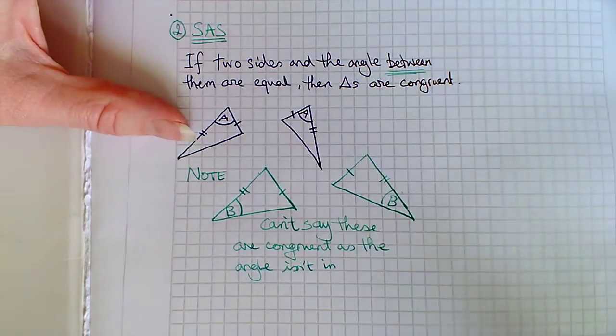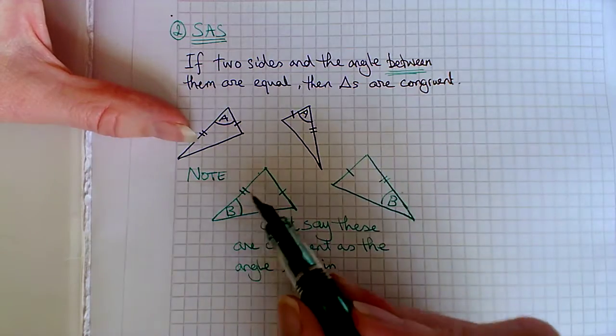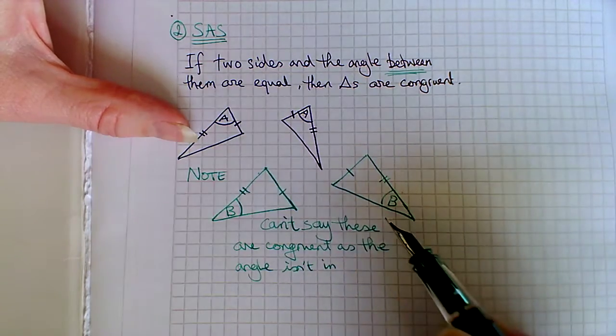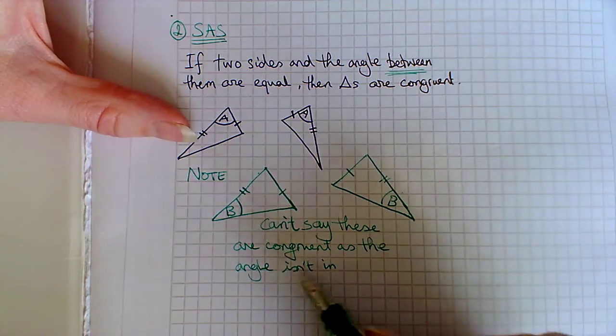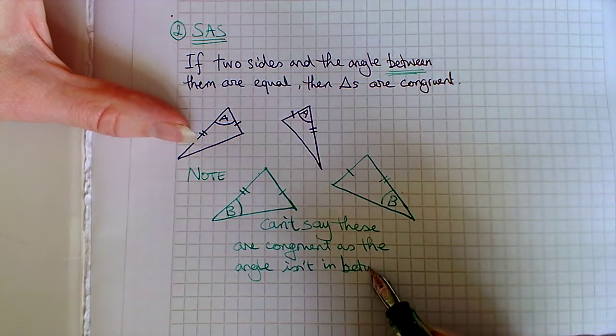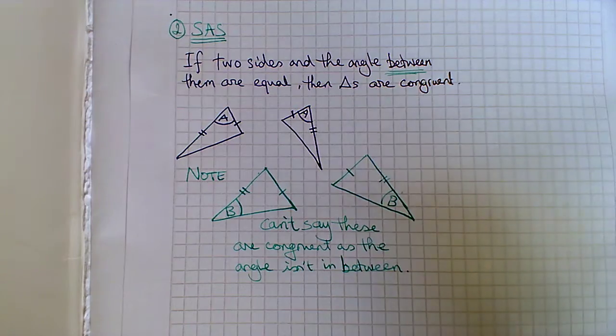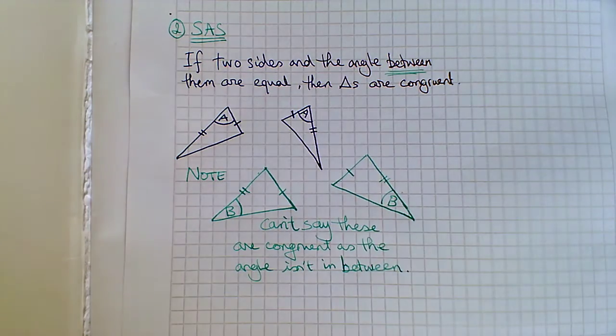So these guys here, I have 2 sides the same and I have an angle the same, but because it's not between the 2 sides, I can't say that they're congruent. They might be, but I don't know.